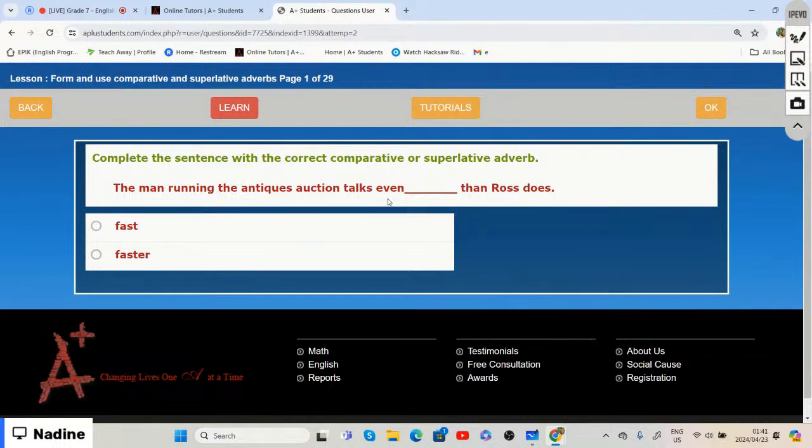All right, so we can say the man running the antiques auction, do we say talks even fast than Rose does or faster than Rose does? All right, so they're saying the man running the antiques auction talks even faster than Rose, which means that we are comparing it to one person, right?